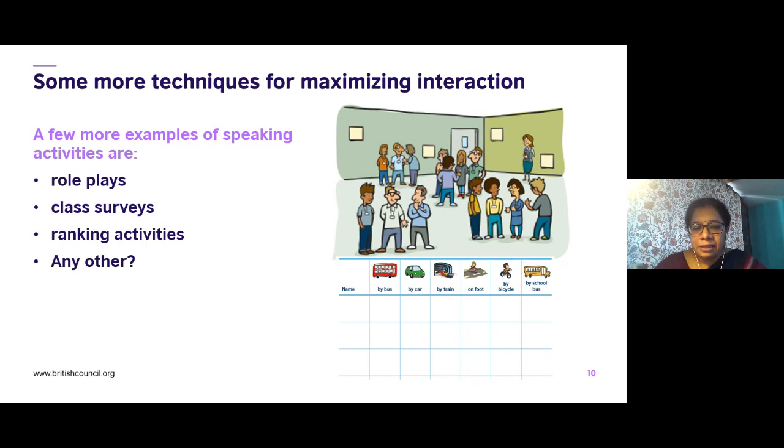Is there any other technique that you use in your classrooms? If yes, could you please type that in the chat for us? A brainstorming activity, yes.